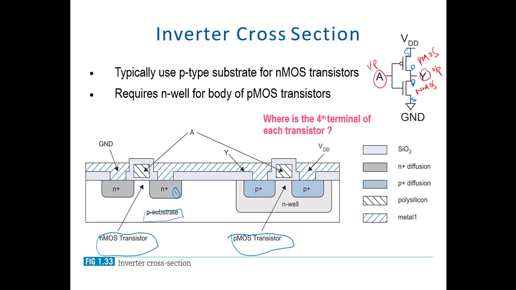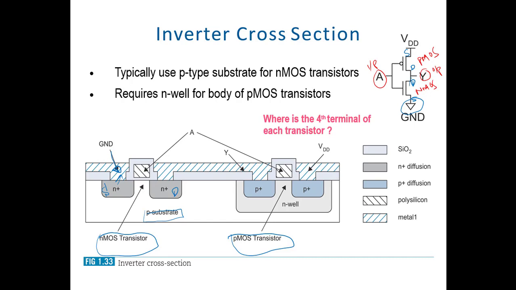N plus means abundance of electrons. So this is an NMOS, and this one is the drain and this one is the source. The source of the NMOS is connected to the ground.